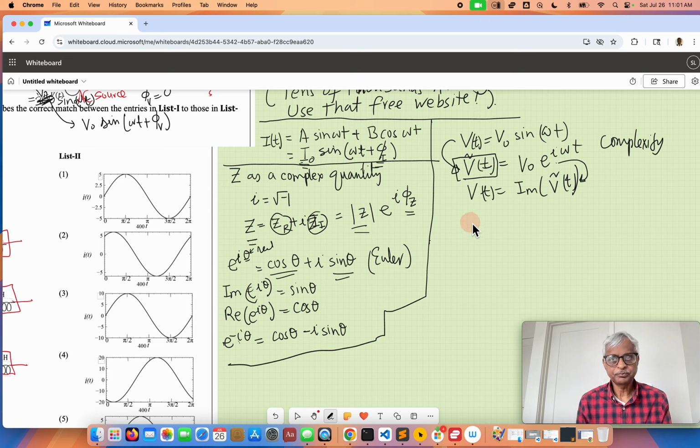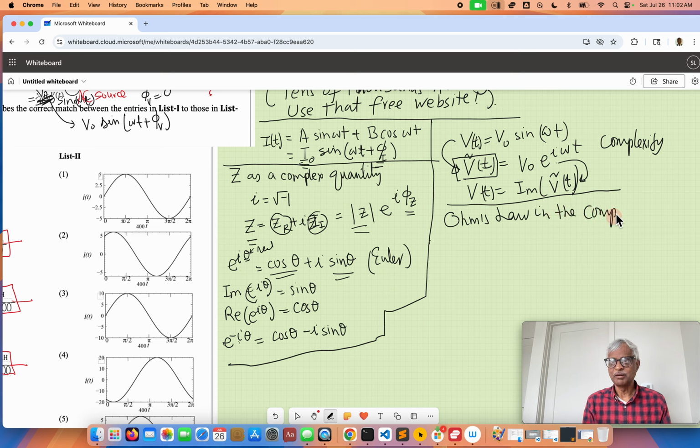All right, this is well and good. So what does this have to do with my problem of the circuit? In the circuit, when you complexify it, you get the current by simply using Ohm's law in the complex world. Very cool.